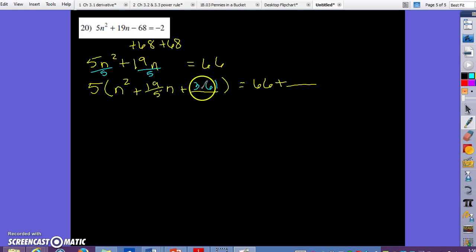Now remember, that's not what I actually have here. This is really 5n squared times 5 times 19/5, and 5 times 3.61, which is now 18.05 over on this side. So I get that.